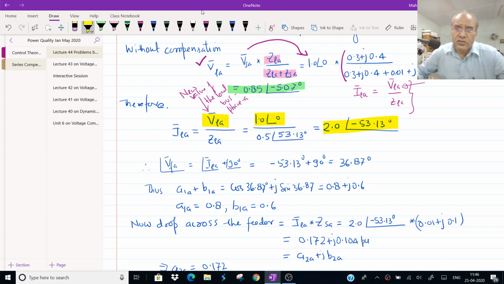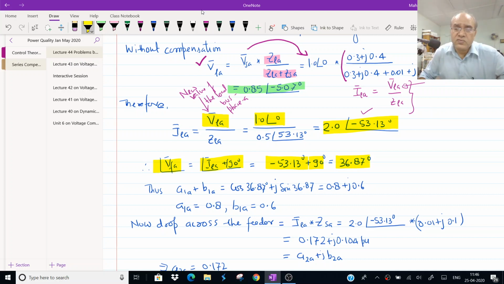Now once we know the angle of current, we can find out the angle of DVR voltage of phase A. So the angle of DVR voltage of phase A is angle of BFA, angle of ILA plus 90 degree, which means minus 53.13 plus 90 becomes 36.87.